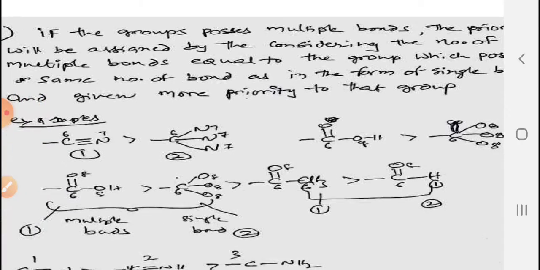That means, for example, a C triple bond has 3 bonds, it is a multiple bond, but one more group has single bonds, 3 C single bonds. Out of this, the multiple bond will be given first priority. It is given top priority even though there are 3 sigma bonds, C-N bonds, and 3 multiple bonds.